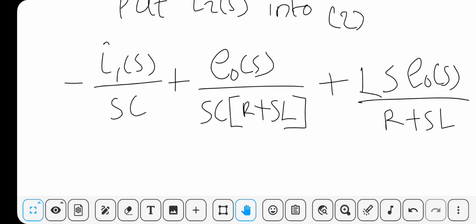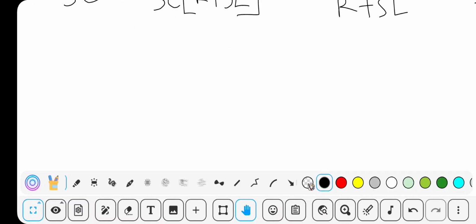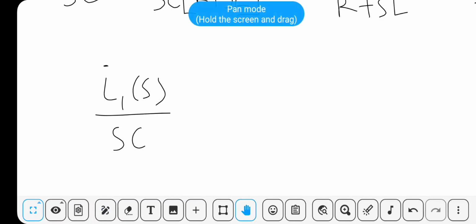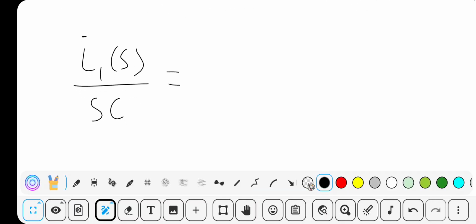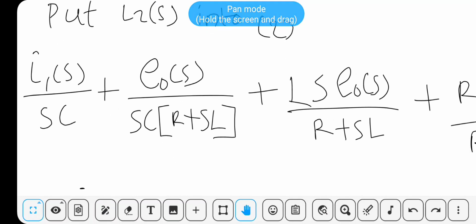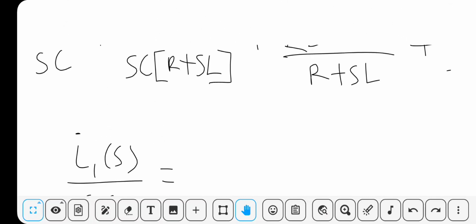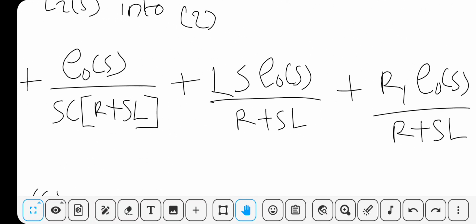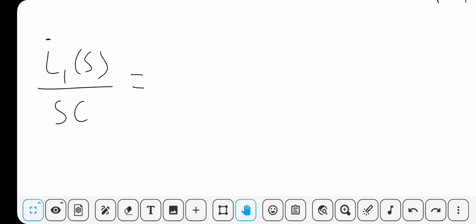So we can make I1 the subject from here. This will give you I1 of S, moving it to the other side of the equation, now becomes positive. And then from here, if you move this I1 of S over SC to the other side, you can see that this value for I2 is common to the 3, so we can bring it out.